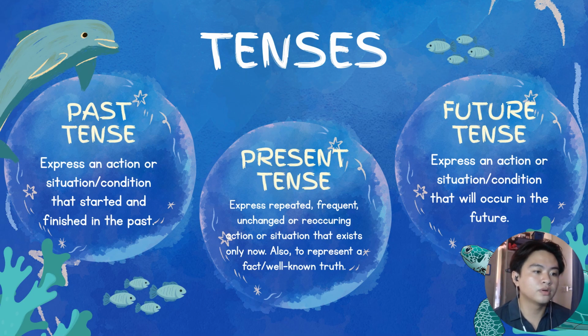Also, it is used to represent a fact or well-known truth. And for the last tense, which is the future tense, it is used to express an action or situation or condition that will occur in the future.